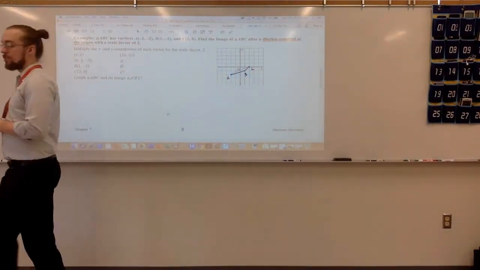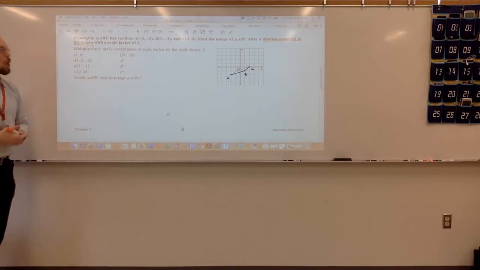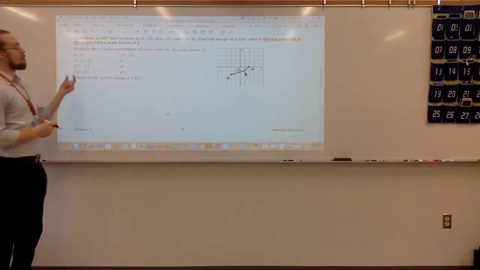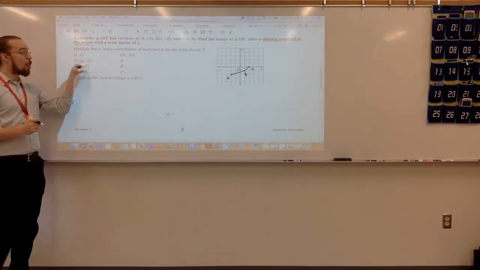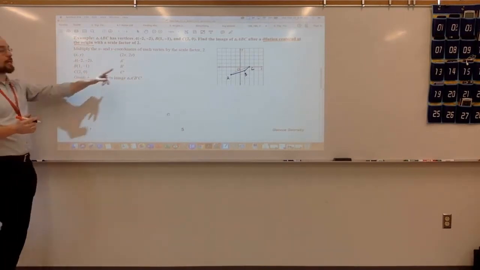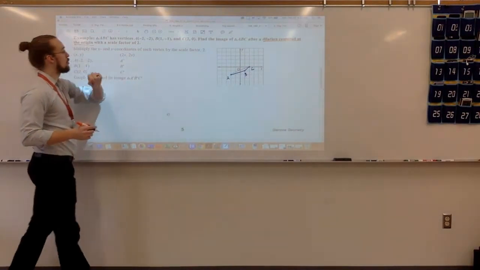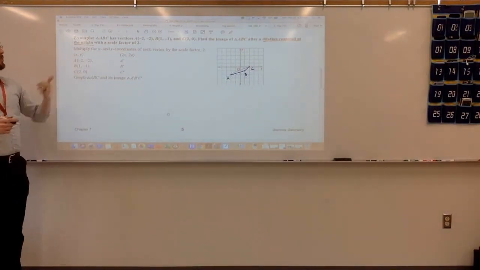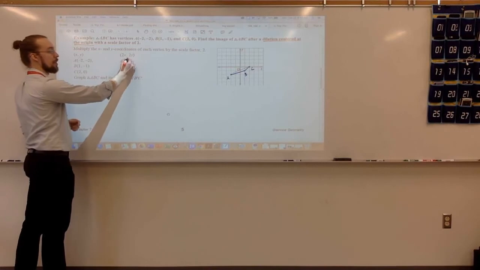Whenever our dilation is centered at the origin, all I'm going to do is multiply the coordinates by whatever the scale factor is. So in this case, my scale factor is 2. I'm just going to take each of these individual coordinates and multiply them by 2.